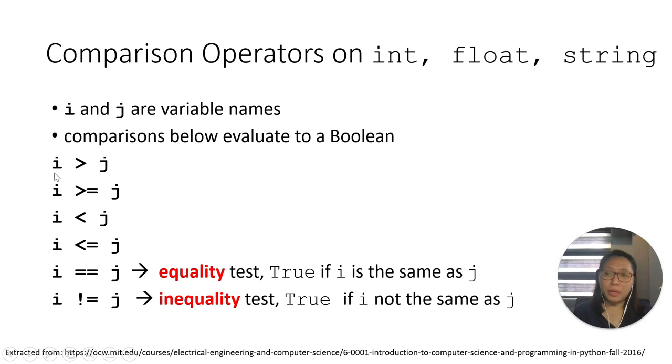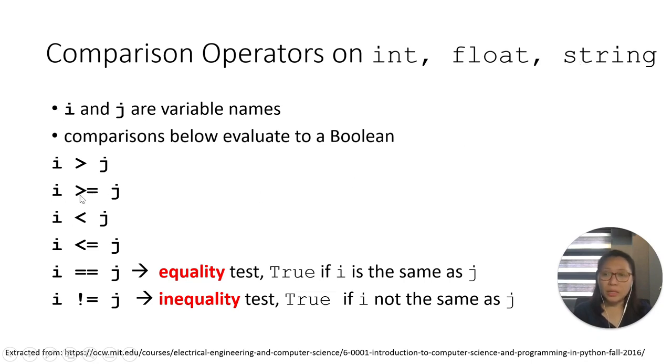So for example, here, is the value of i greater than the value of j? Then the answer will be either true or false. So it will always be Boolean. And all of these operations can be done on int, float, and string.